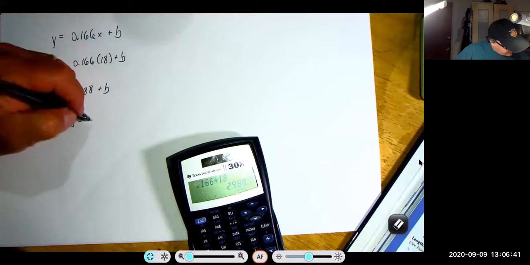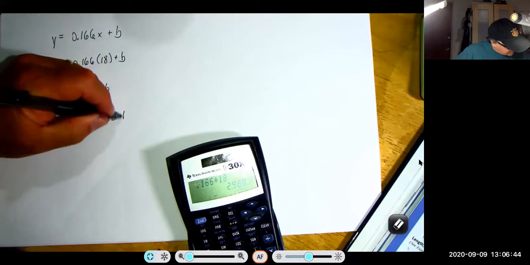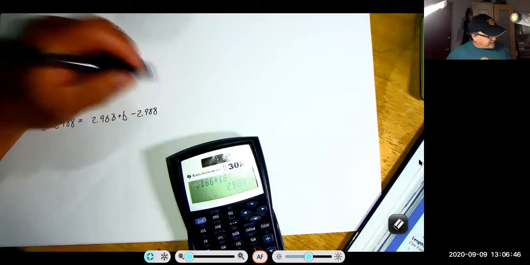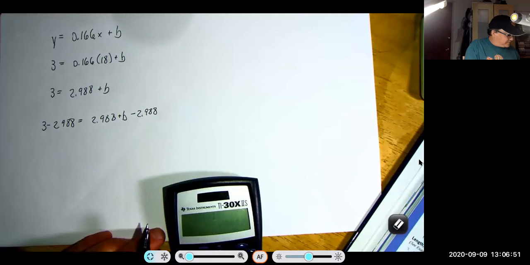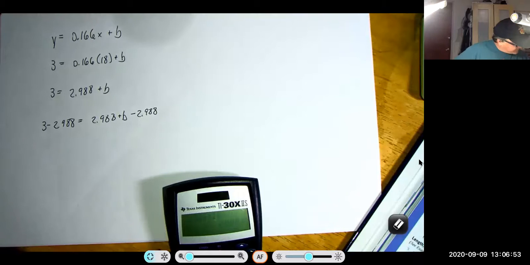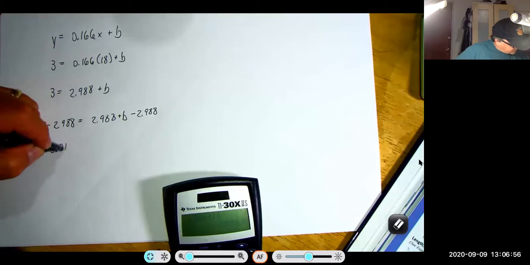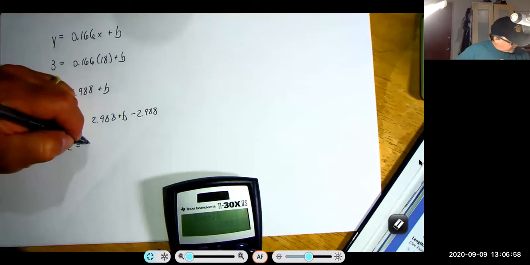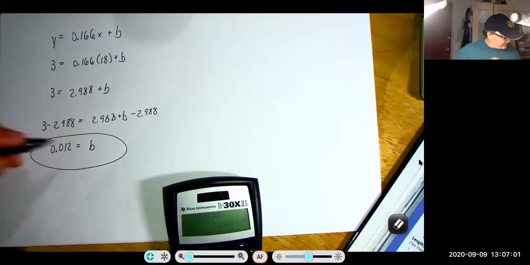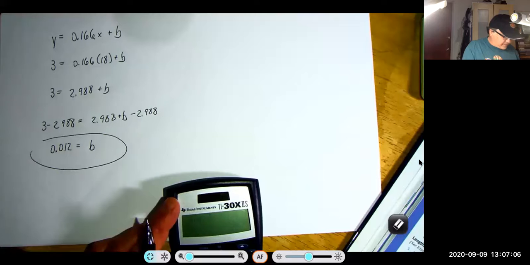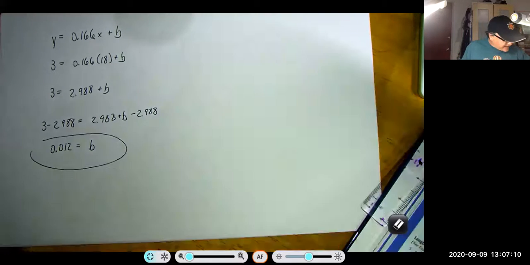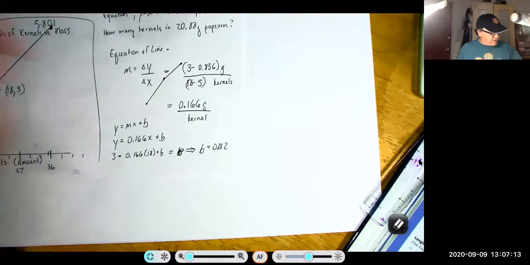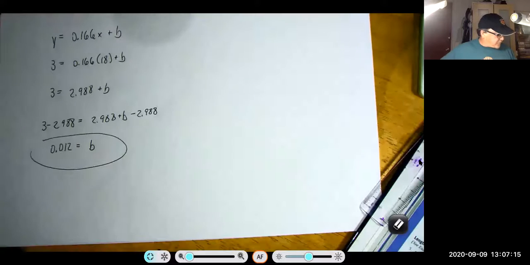Here, I subtract 2.988 from each side. And if I did that right, oh yeah, I wrote down my B incorrectly. I didn't see that decimal there. So there's my B, okay?